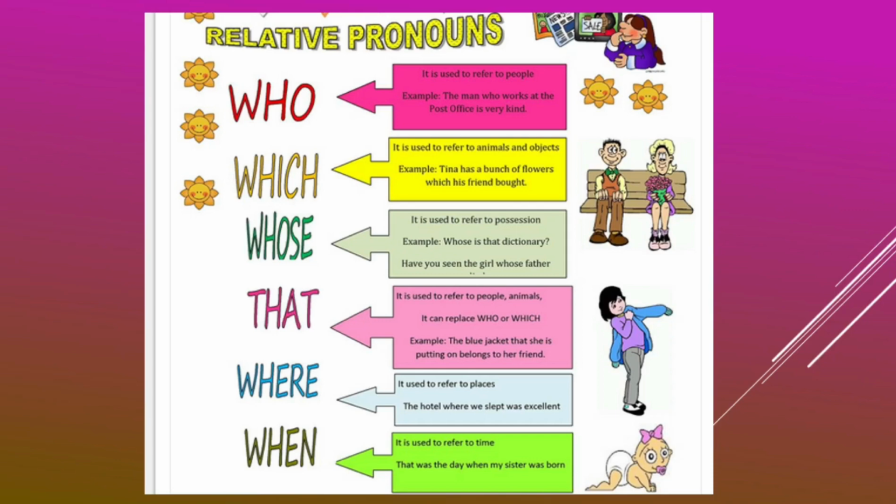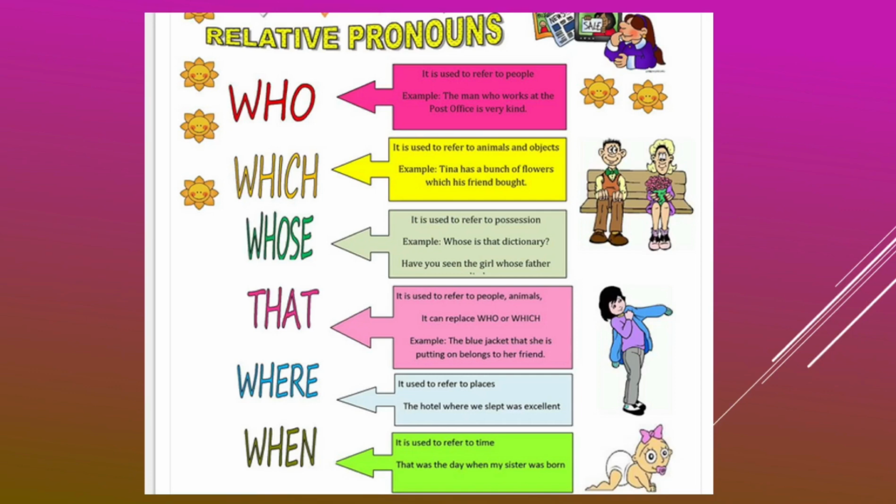If you see the example sentence over here, we have: have you seen the girl whose father came to school in a red shirt? See, in the sentence, we are talking about the girl whose father is in the school. We are talking about possession, that particular thing that belongs to her or him.